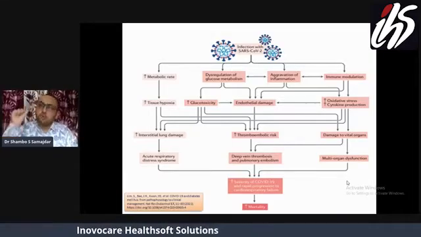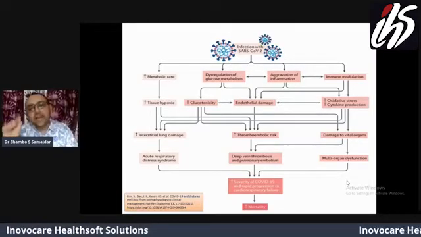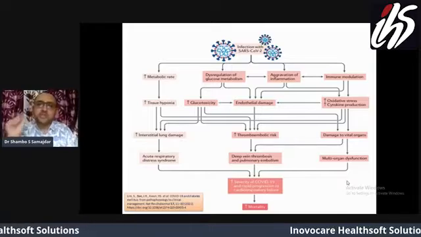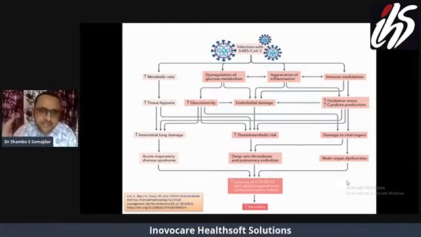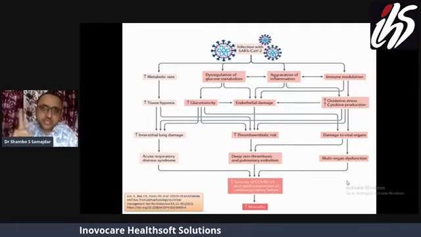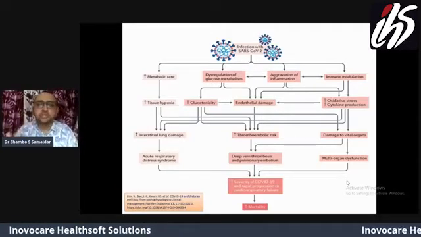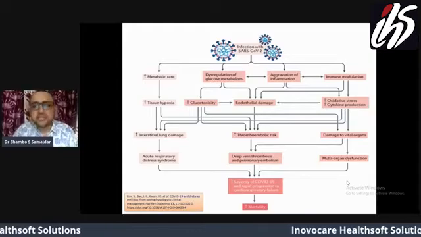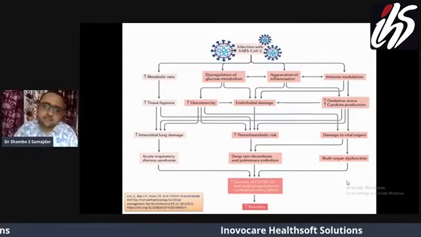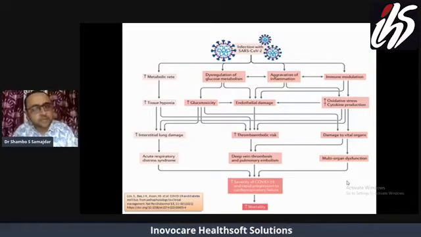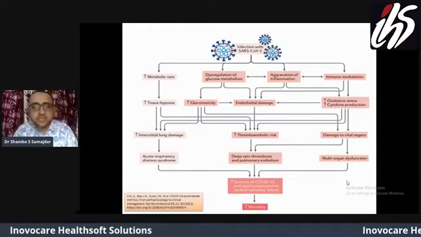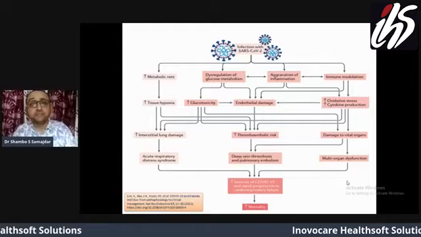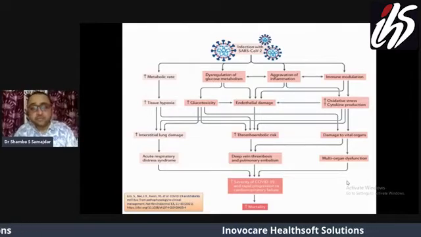That means while we are seeing our diabetic patient, we need to give emphasis on a few aspects. C means we should check other comorbidities, maybe renal compromised, hepatic compromised, cardiac compromised. So we need to elicit history of comorbidity and coagulopathy in our diabetic COVID patients.